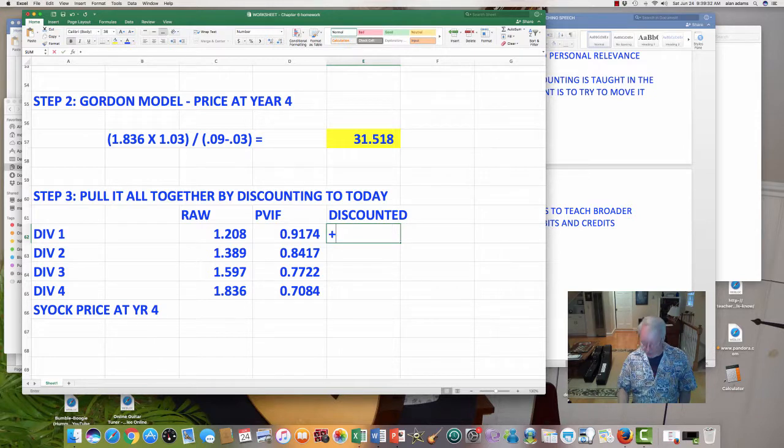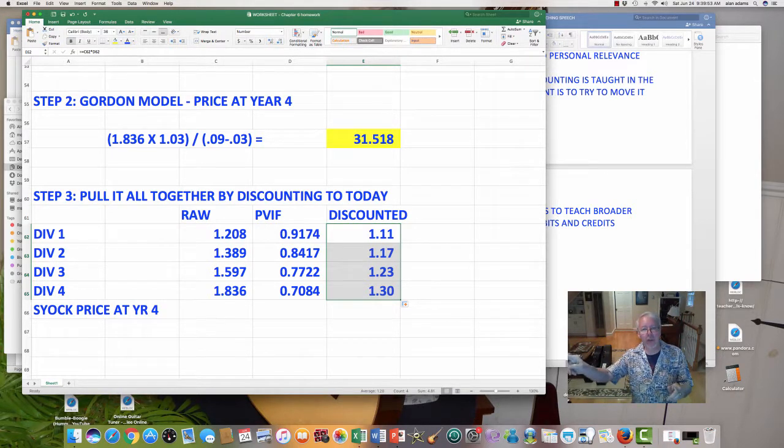To find the discounted value, as you know, you take the raw value, multiply it by the PVIF. We use formula number 2. Okay? There are my discounted values. $1.11, $1.17, $1.23, $1.30. That is what each one of those future dividends is worth today.